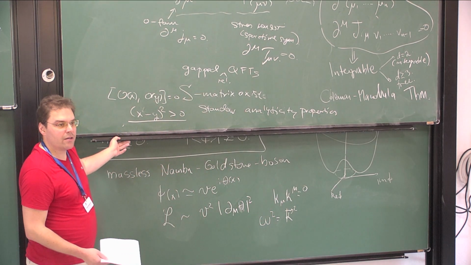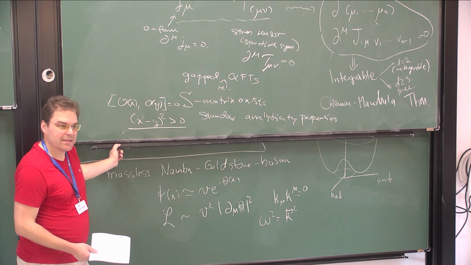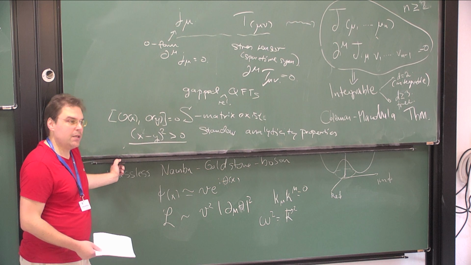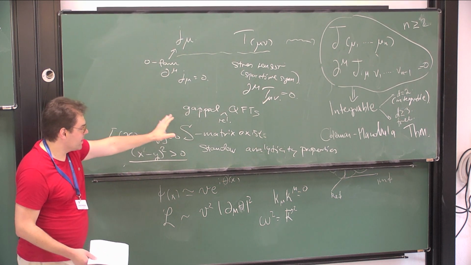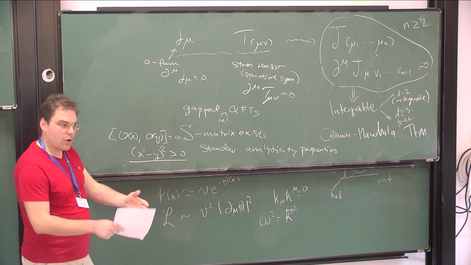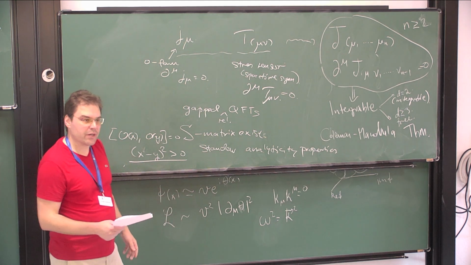There's a much more modern and recent version of the theorem which is supposed to apply to massless theories, and in particular to massless theories with conformal symmetry. In that case, one can replace the S matrix, which doesn't exist in these theories, with correlation functions of operators, and in particular conserved currents.